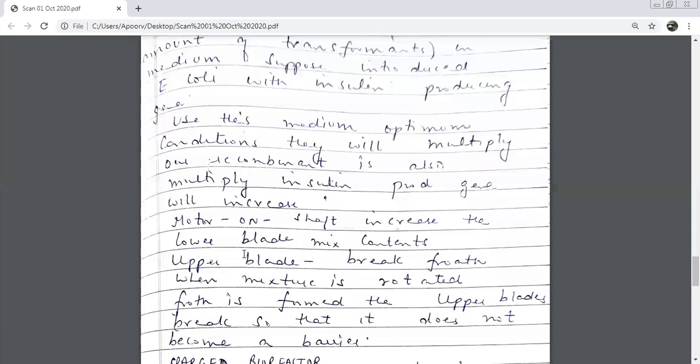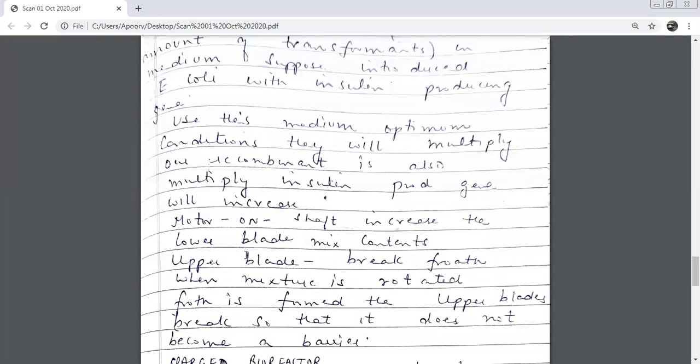Sometimes when you make cold coffee at home in a mixer, how many of you make it? Those who make cold coffee at home in a mixer must know that when we rotate it, froth comes on the top of the jar. That gives you a good taste for coffee. The froth comes on the top.